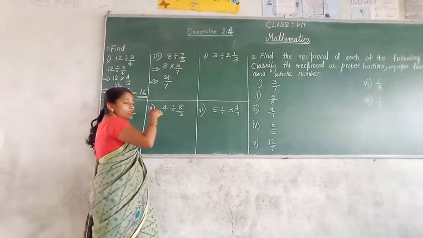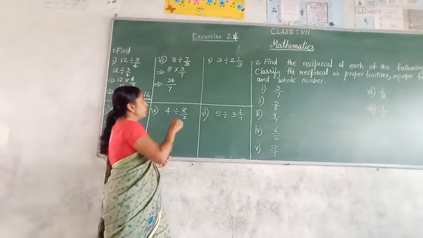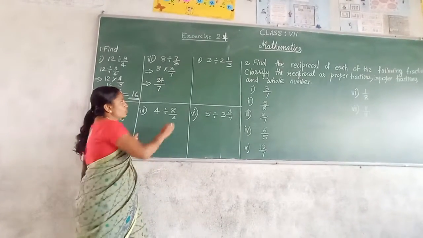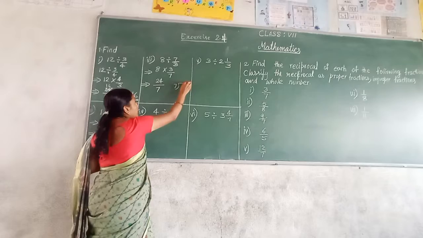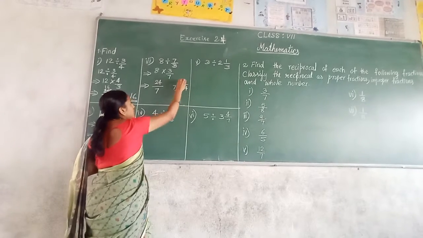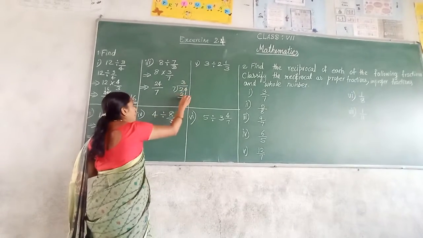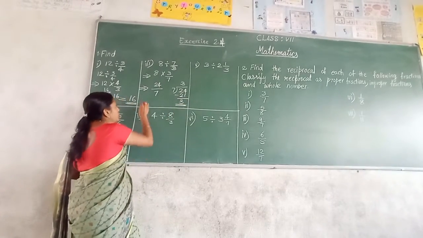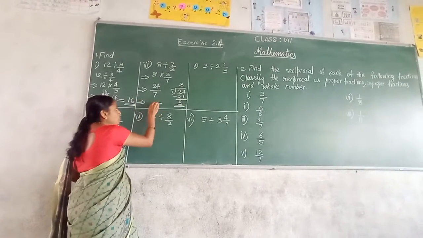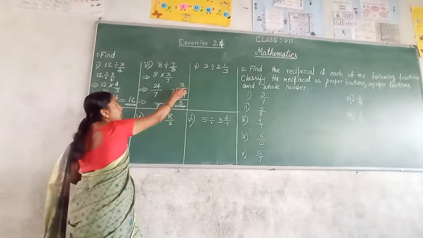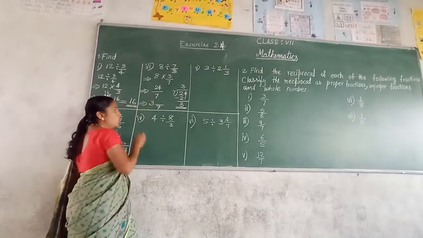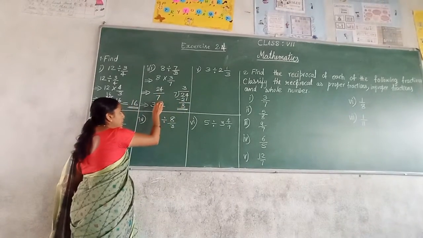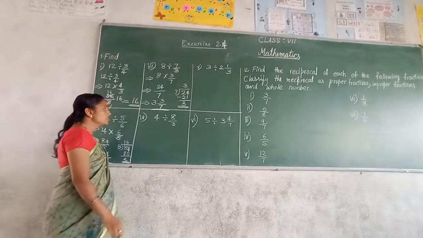Now can we write it in the lowest form? You think, is it possible? It is not possible, but we can write it in the form of a mixed fraction. 7 threes are 21. So if you subtract, 24 minus 21 is 3. The denominator never changes, the quotient becomes the whole number, the remainder becomes the numerator. The answer is this.